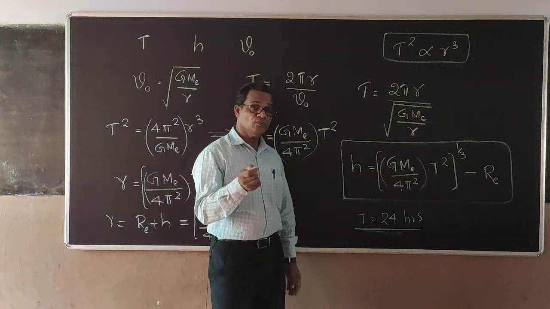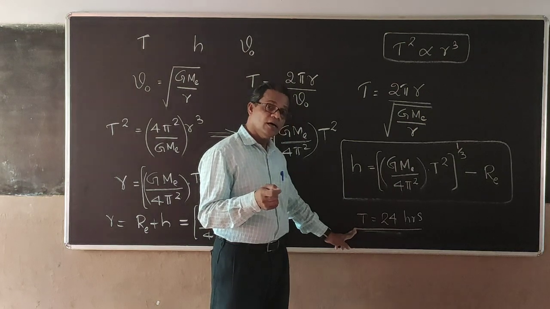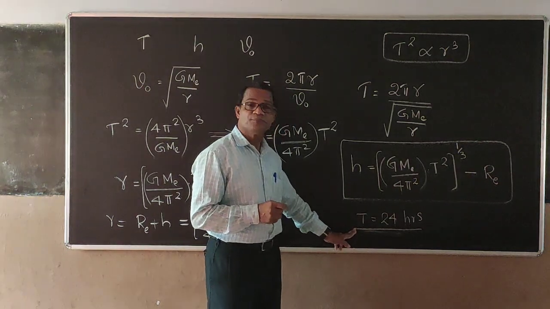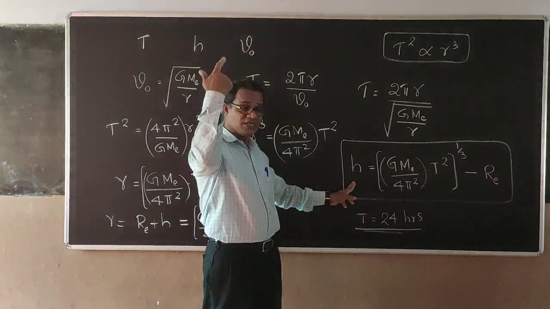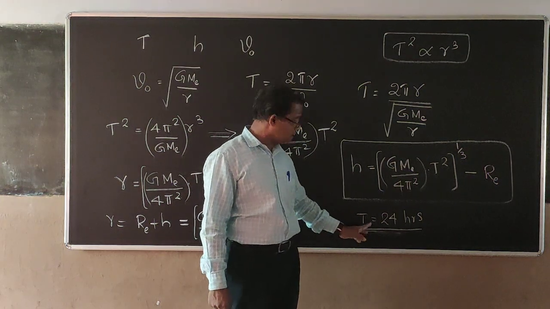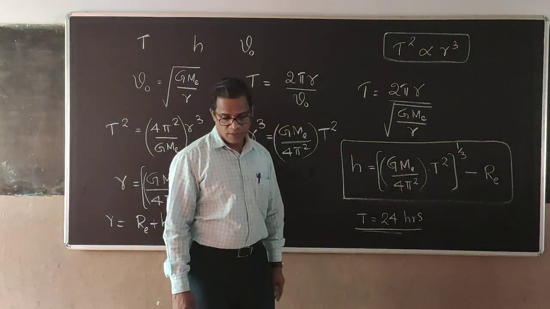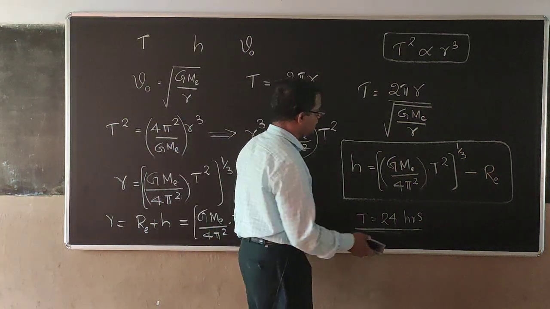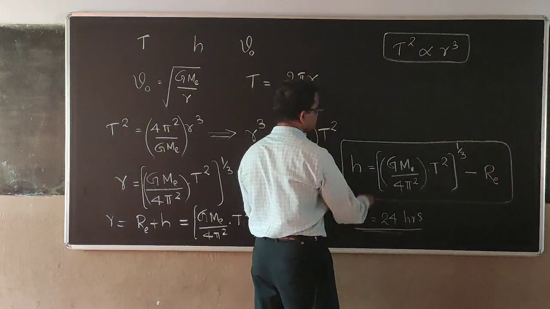And I told you, this is not the only criterion for the satellite to become geostationary, but you can calculate the height of the geostationary satellite from the ground using this particular value put in this equation. Now, if I put T equal to 24 hours into that, I can see the value of h.